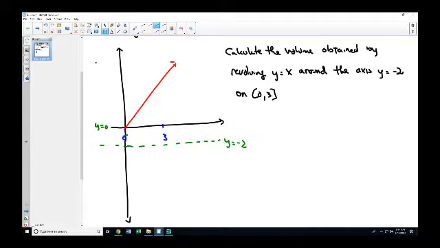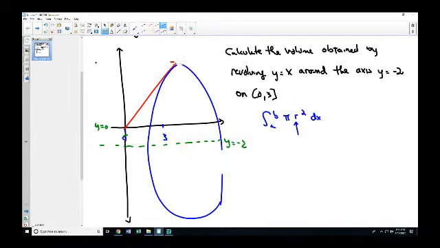So again, keep in mind your formula. So you have to add that area. What is the radius? That's the question. So if we revolve around that axis, what is the radius of that circle?